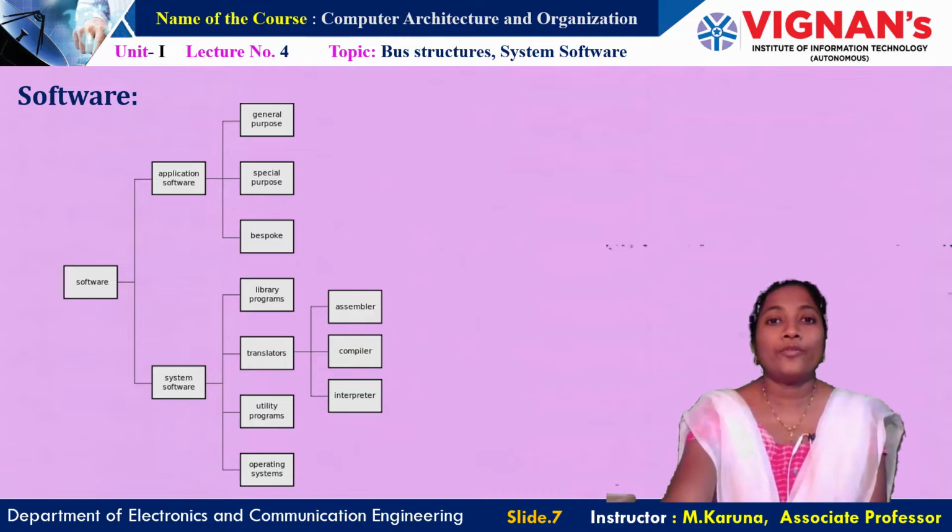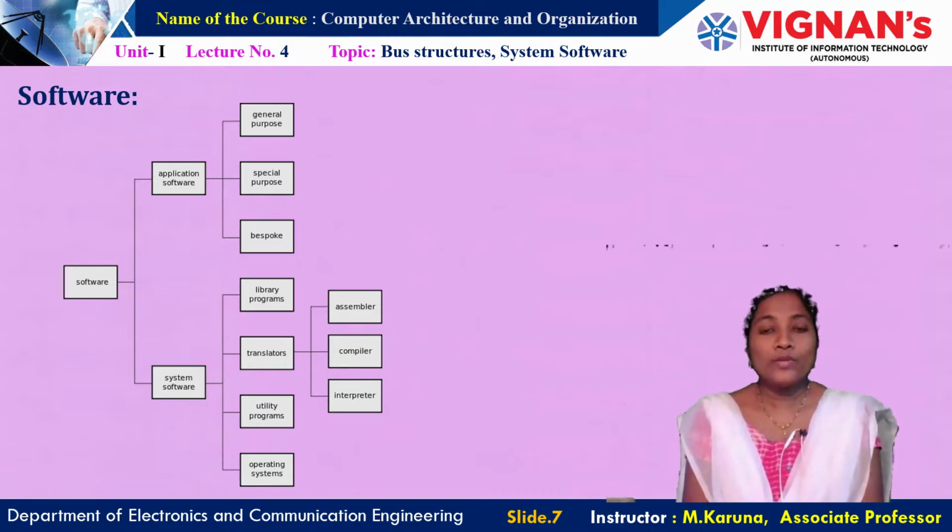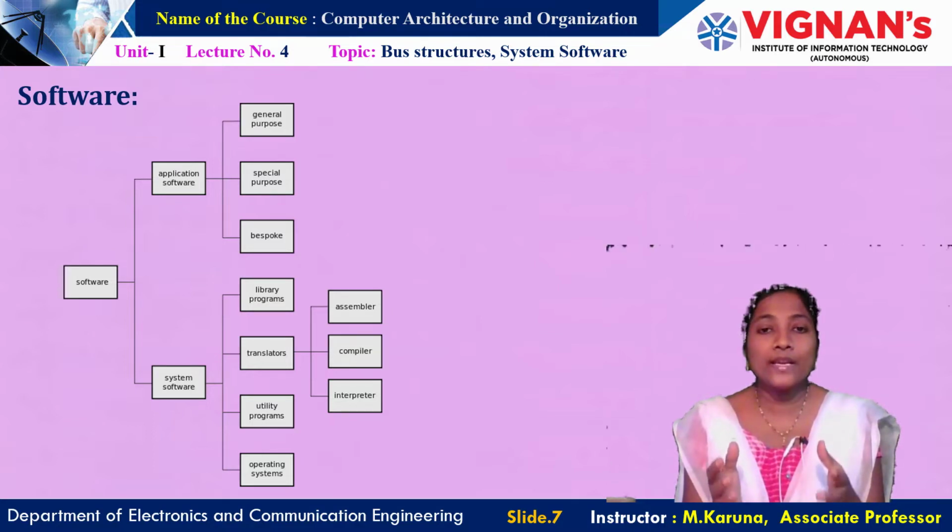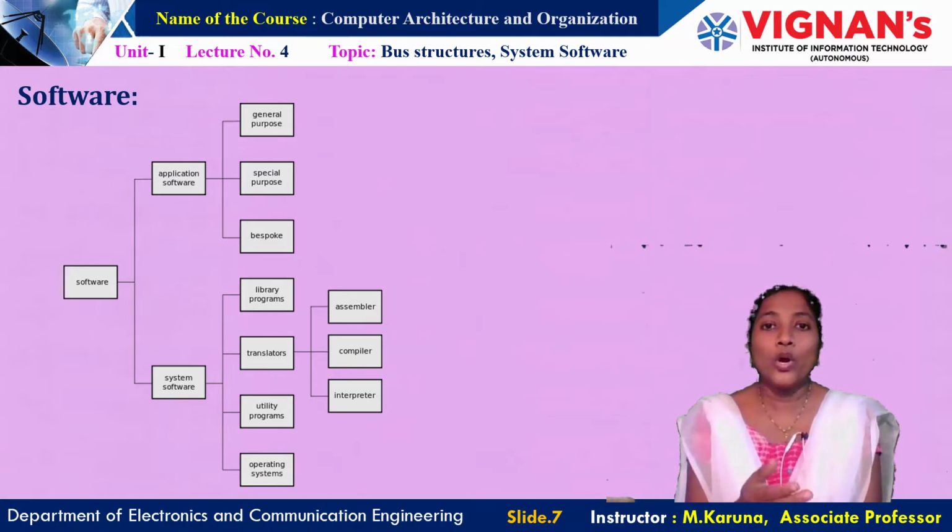Let us see software. Software is divided into system software and application software. System software contains large programs that are executed to perform different tasks. For example, in order to edit or run the application program, the computer must have software in its memory, called system software.